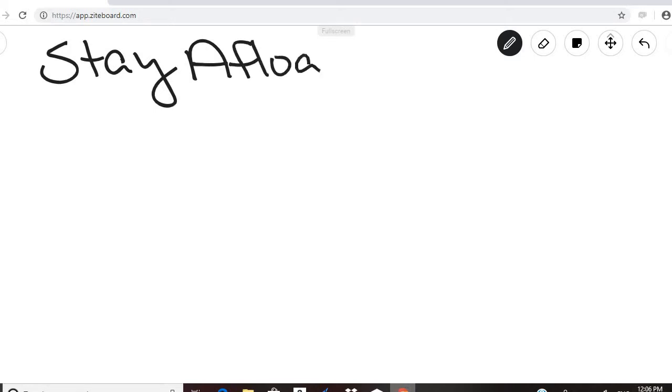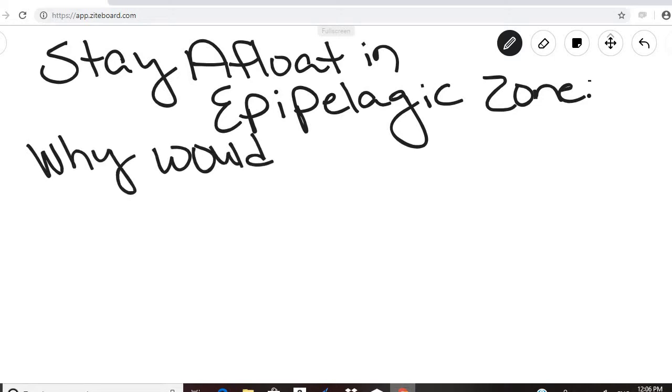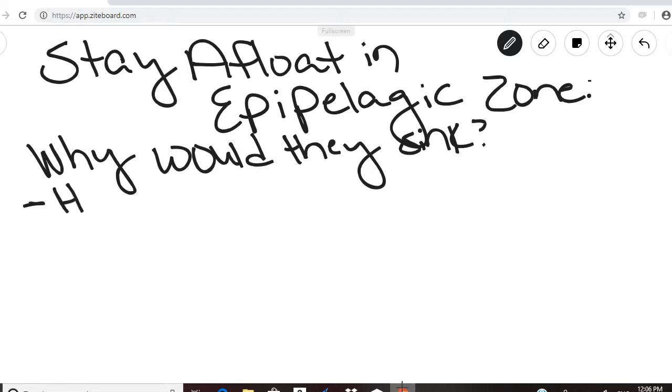So how do these animals stay afloat in the epipelagic zone? Okay, so the animals who live here, there are some factors that could make them sink. So why would they tend to sink and not stay within the epipelagic zone? Well, some of them have a higher density than water.